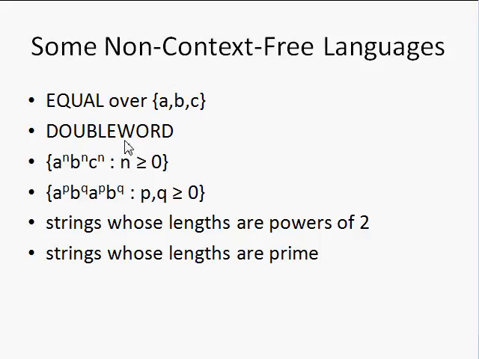The problem with double word is that a stack reverses things, and so when you push the first word onto your stack, it's now in reverse order as you pop it off. But double word has 2 words that are the same exactly in forward order, so that doesn't work with a stack machine.